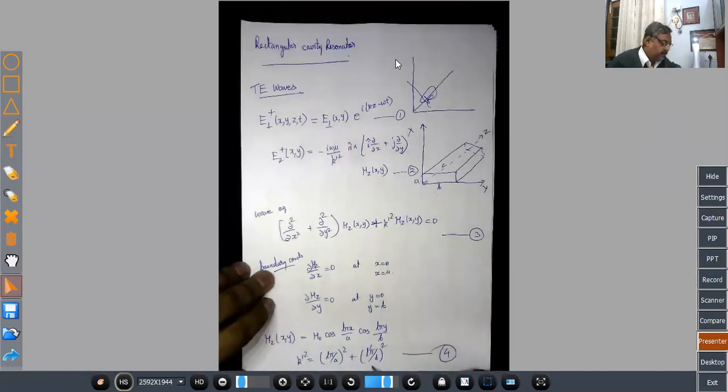Now we will substitute this value of k dash in this equation.